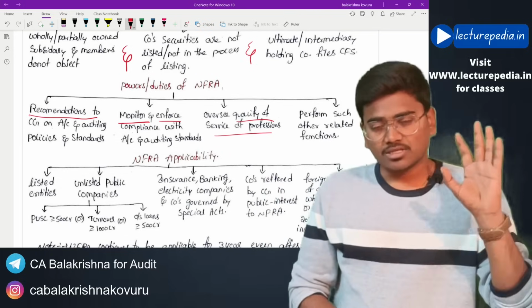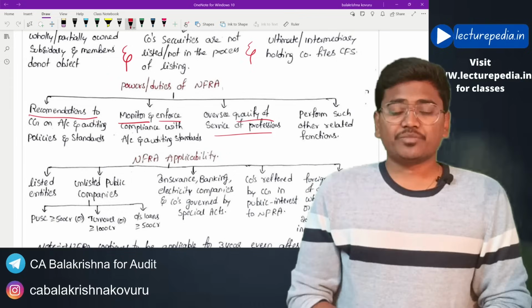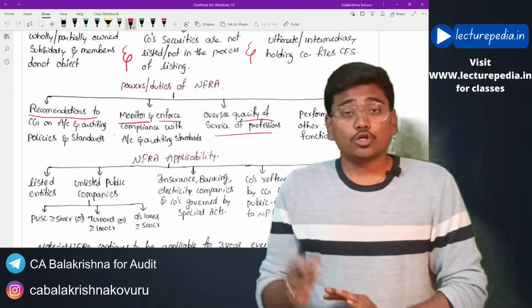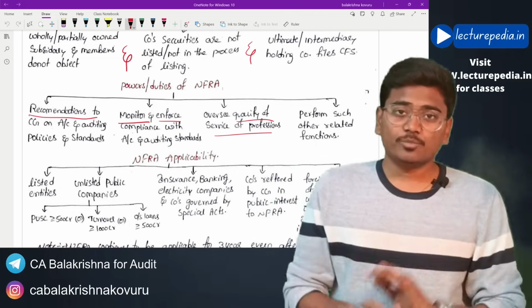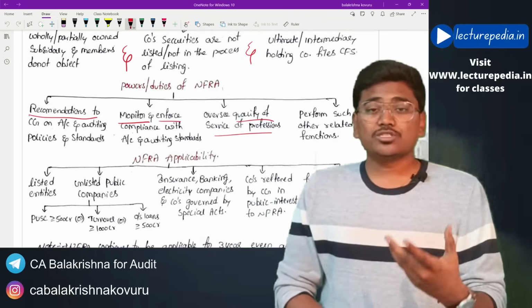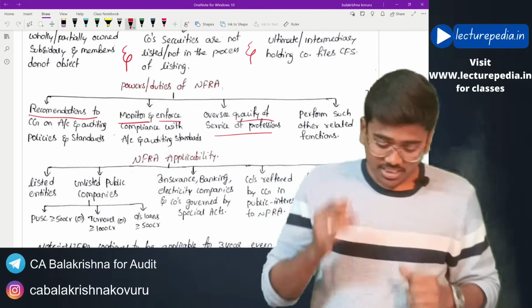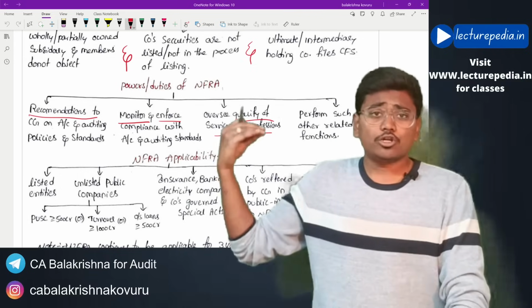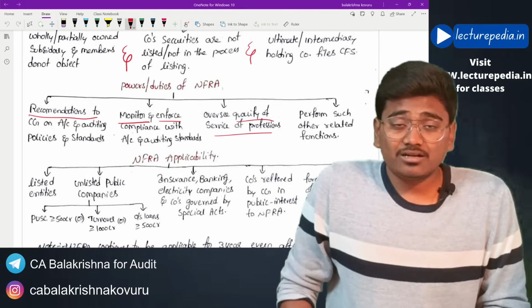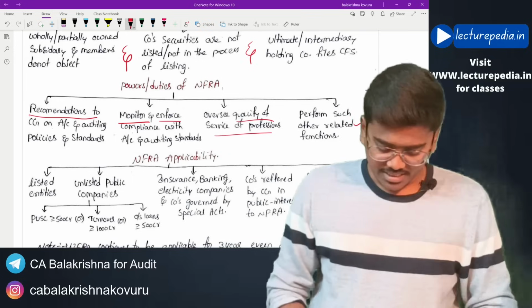Those reports are pointing out the mistakes that have been done by the auditors during the audits. Even the Big Fours have committed a lot of mistakes in the audit. All those mistakes are highlighted in those reports by NFRA. If you have time, you must read those reports, they are fantastic. And NFRA will also perform such other functions which are related to these aspects.